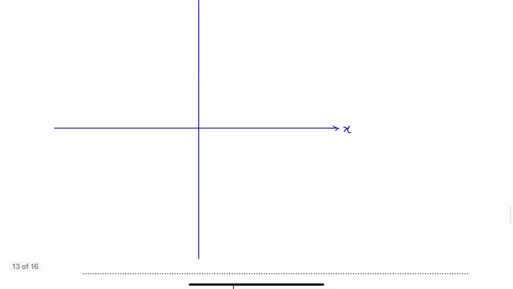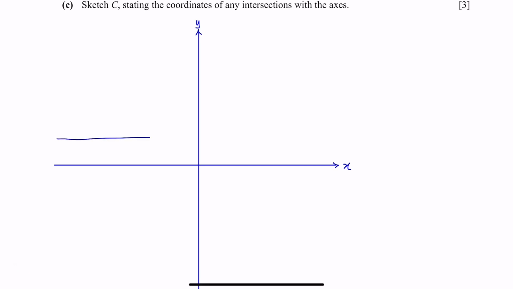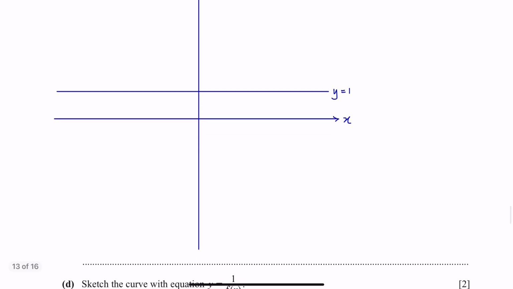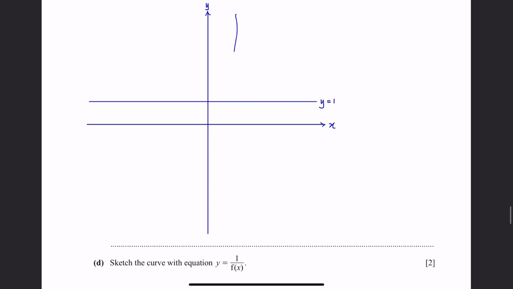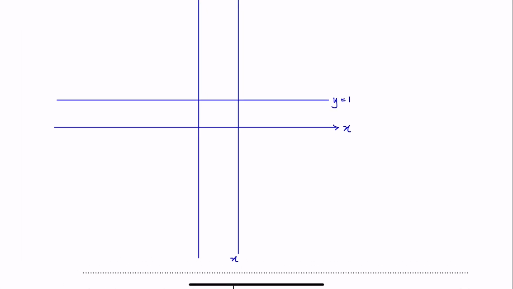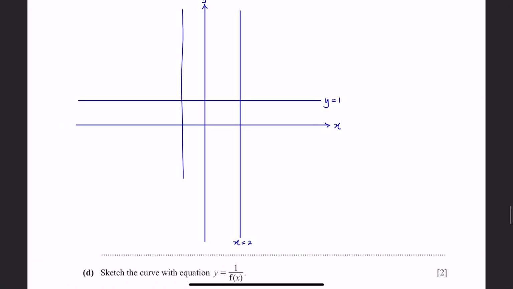So y equals 1, which is here, x equals 2, which is around here, and x equals negative 1, which is around here.